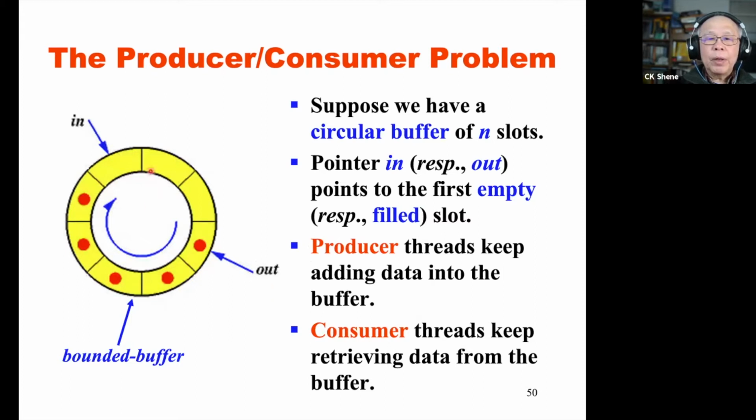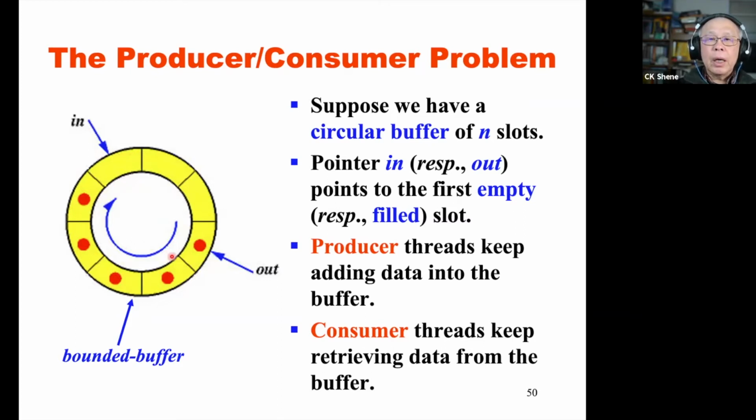Suppose we have a circular buffer of n slots. Here, for simplicity, we represent this circular buffer as an array. But of course, you could use whatever data structures. Say a linked list, a circular linked list. And each cell here is good for storing an integer.